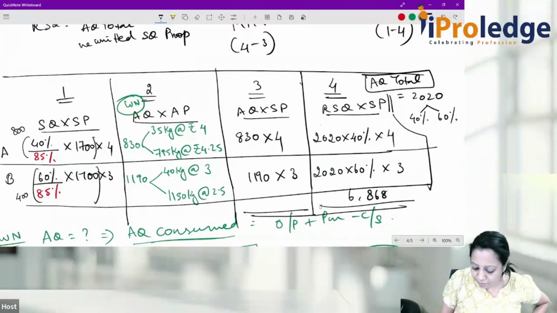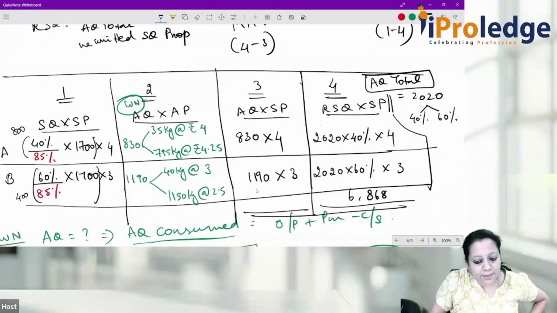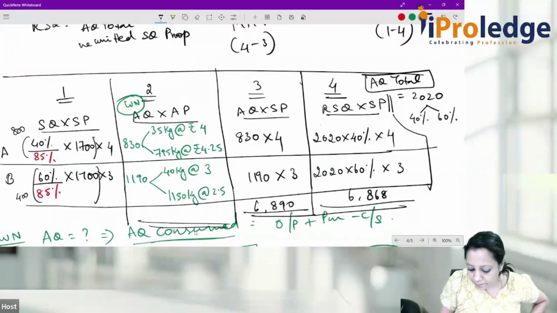That is 830 into 4 plus 1190 into 3, which is 6890. Then this is 35 into 4 plus 795 into 4.25 plus 40 into 3 plus 1150 into 2.5.